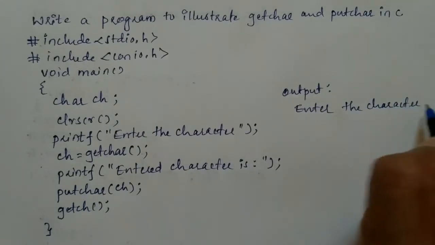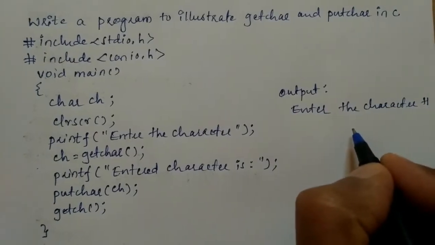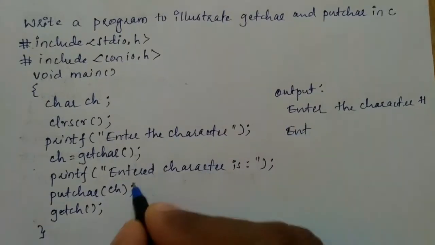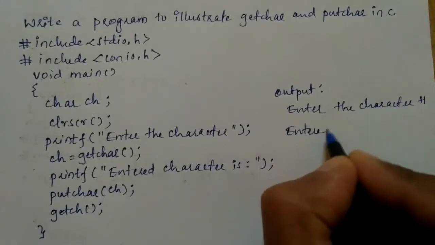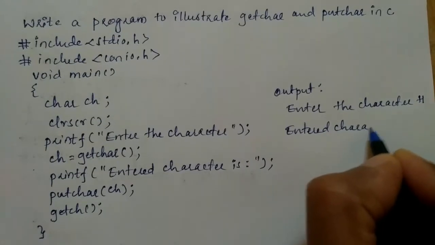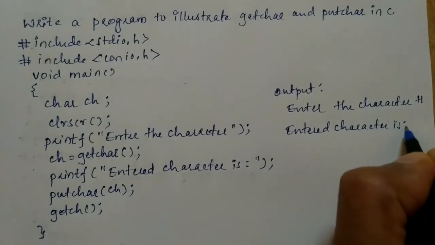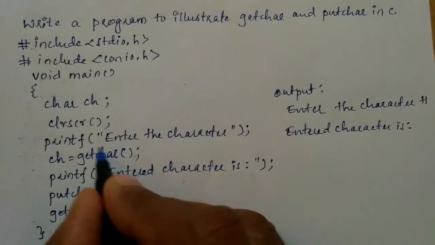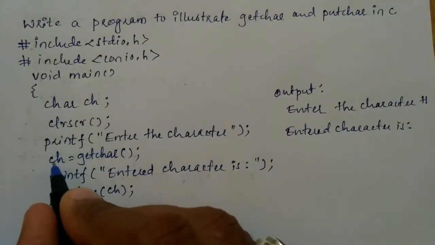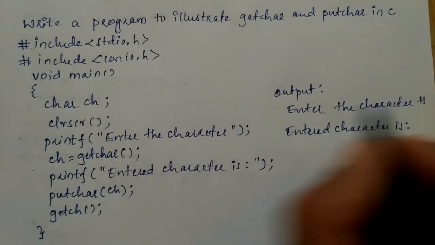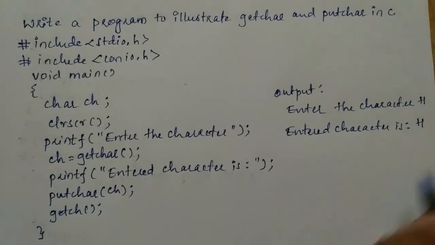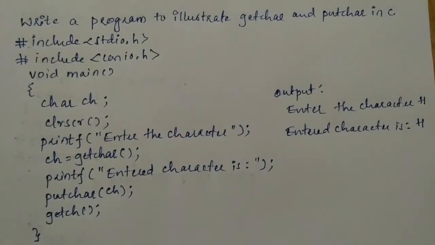For example, I'm going to enter the character H. Now it is going to print the next statement, "Entered character is", and whatever value is stored in ch, which is taken in getchar and initialized to the ch variable. So h is initialized to the ch variable, hence it is going to print h as output.